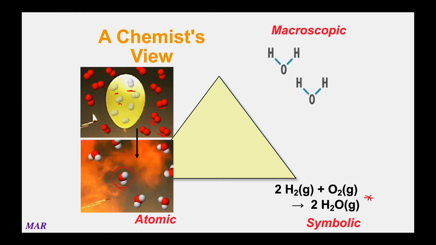What it's saying is that you're taking two H2s, which is a gas, plus one O2, which is also a gas, and you're going to make two waters, two H2O. And this is gaseous water. The g stands for gas. If you cooled it down, you could have liquid water, but right now it's gas. All of these perspectives are super important when it comes to chemistry.